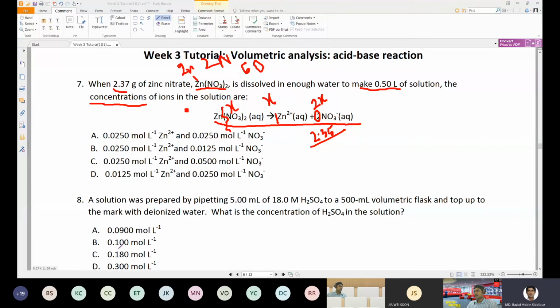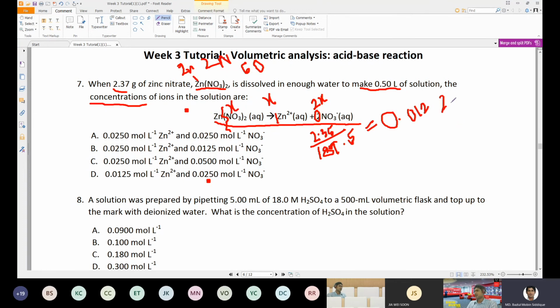So all together is how many? 189. Jonathan, thank you. So 189.5 or something, so that I will find the number of moles will be 0.0125 moles of zinc nitrate.